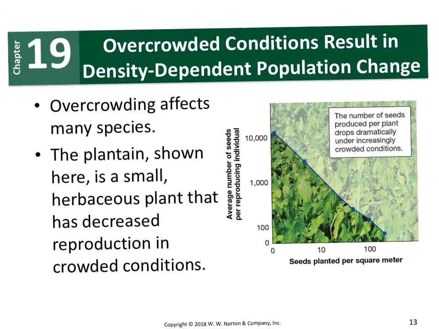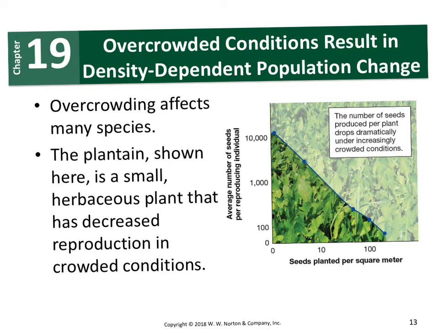Okay. Overcrowded conditions result in density-dependent population change. So, seeds planted per square meter, and the average number of seeds per reproducing individual.